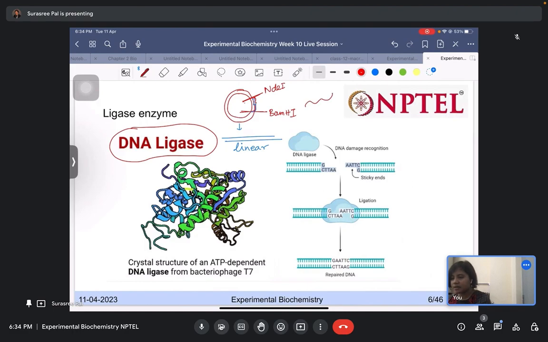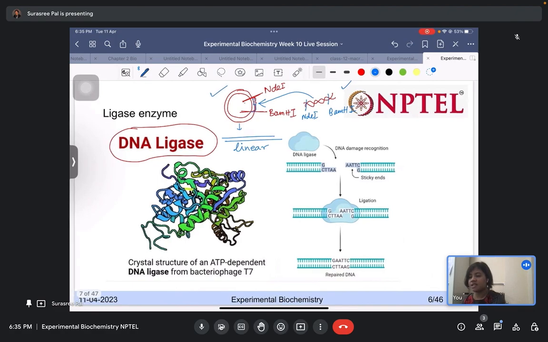Now, there is our DNA of interest. If it has to be inserted in between, then this DNA of interest also has to be cut with these particular restriction enzymes, NdeI and BamHI. So this has to be maintained: the plasmid DNA as well as the DNA of interest will have to be digested by the same restriction enzymes.